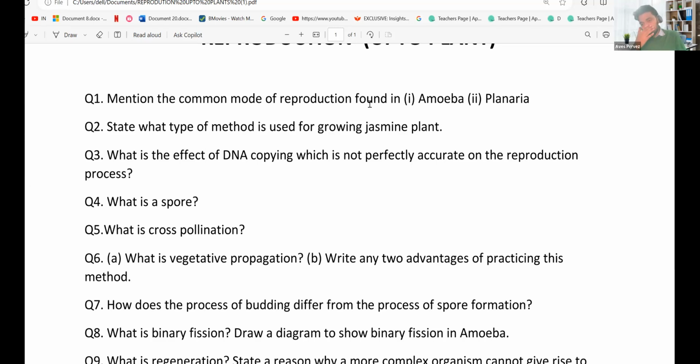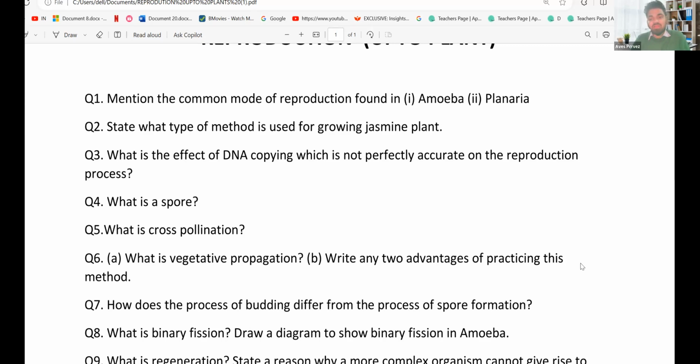Okay, Madhya, answer the first question. Binary fission. And the second one, fragmentation. Yes, the correct answer for planaria is regeneration, which was given correctly by Jesslyn and Jobita. Ammar gave the first one, and Madhya gave fragmentation.